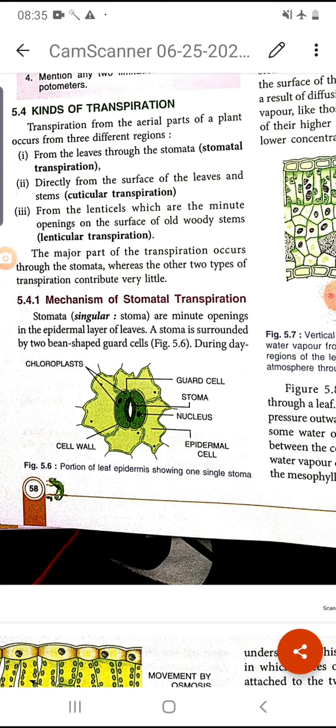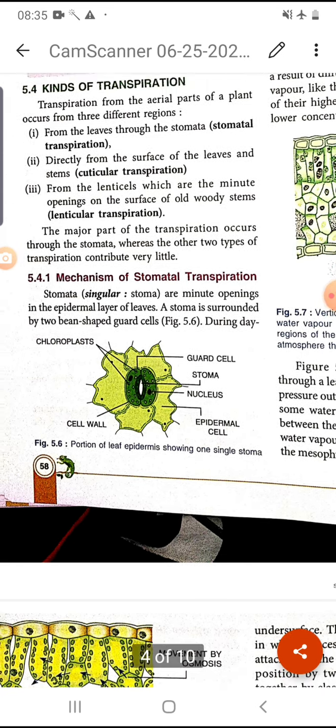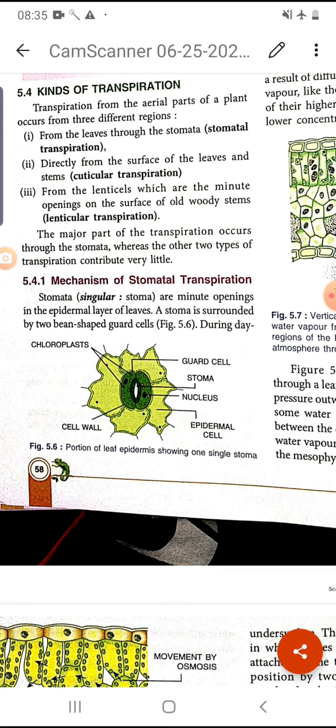Okay, so let's start with the mechanism of stomatal transpiration. First see the figure. It is a diagram of the stomata and the leaf epidermis. The white portion, the small opening, is the stoma, or stomata. Beside that is the deep green portion, the guard cell.